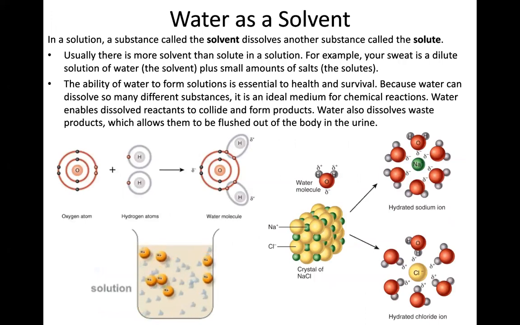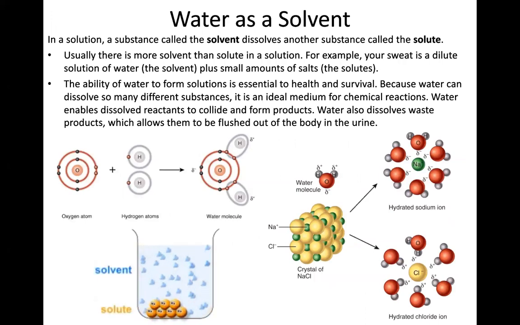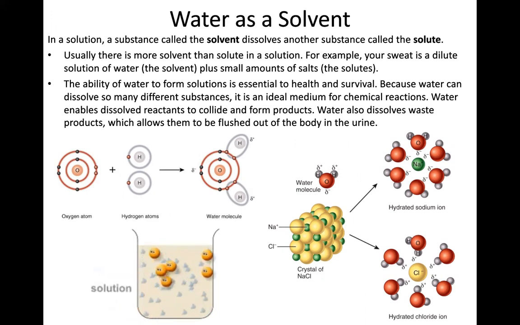So let's talk a little bit more about water as a solvent. One of the most important things that our water does for us, which we've been talking about since the very first lecture of the semester last week, when we introduced intracellular fluid, extracellular fluid, and we defined what a body fluid is. Okay.